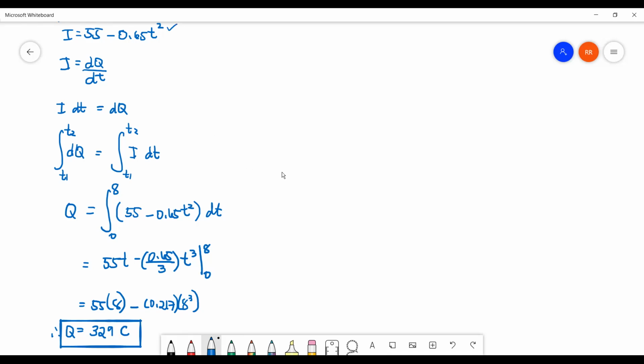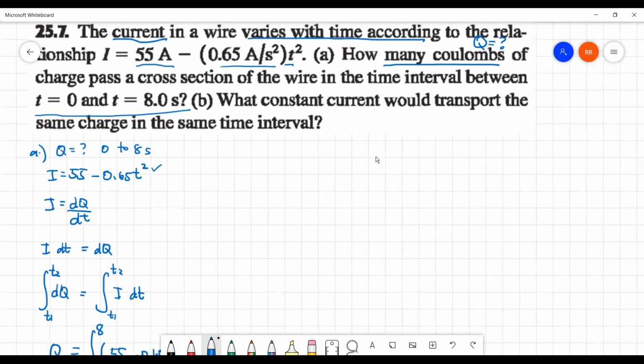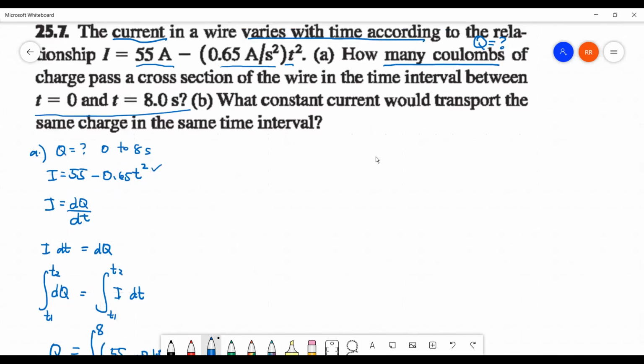If the current changes with time. And then follow-up question B, what current, so this time you're asked of the constant current. It's no longer time dependent, but it's a constant current. What constant current would transport the same charge in the same time interval?